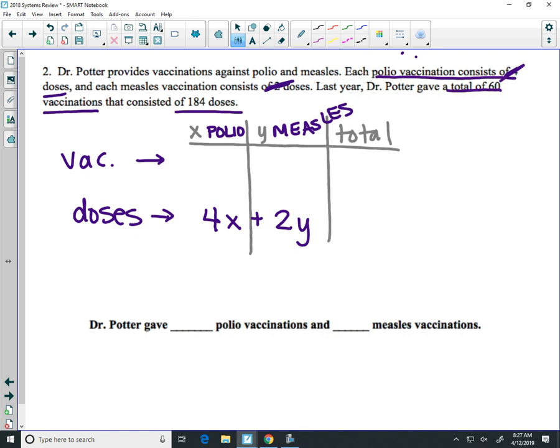So I use that. And the other number that goes with doses is 84. And that was our total. I'm crossing out the numbers that I'm using, so I'm not going to use them again. The only number I have left now is that 60. And that was the total.